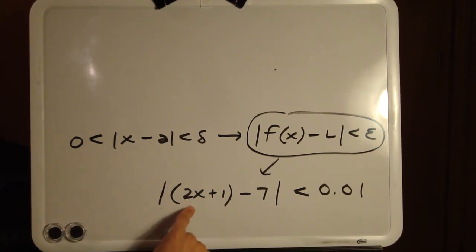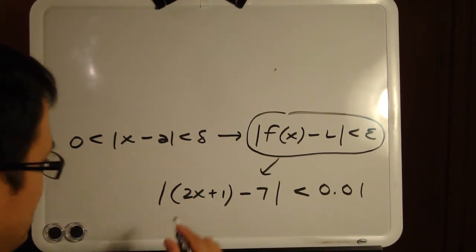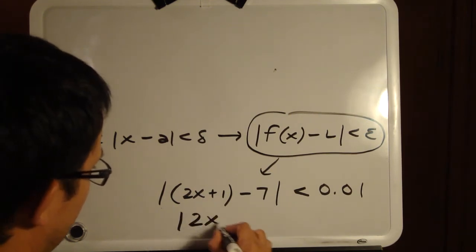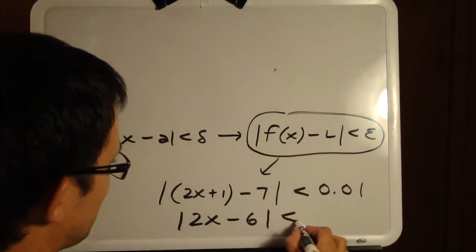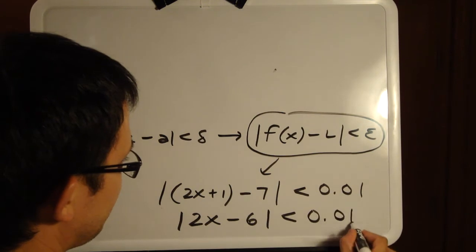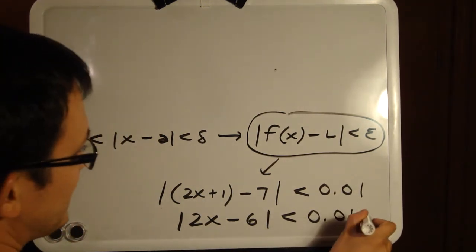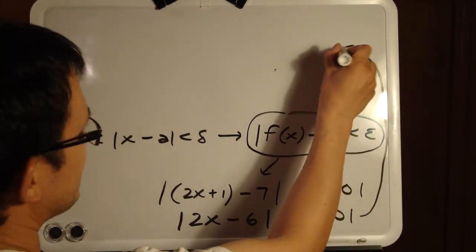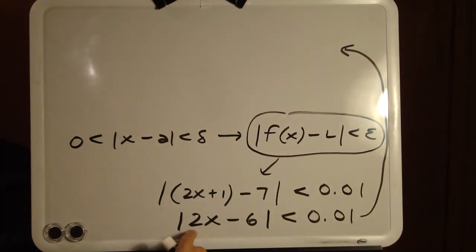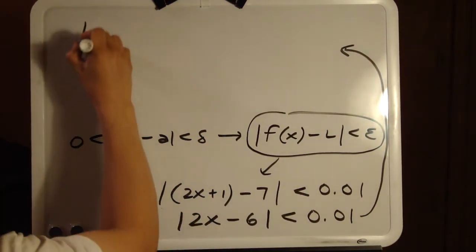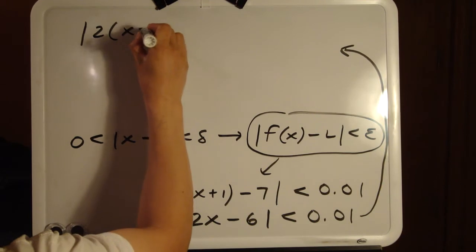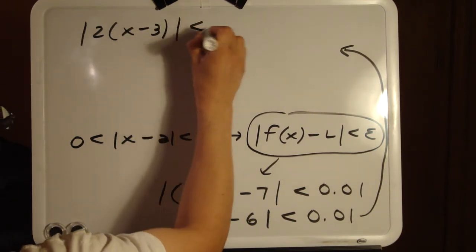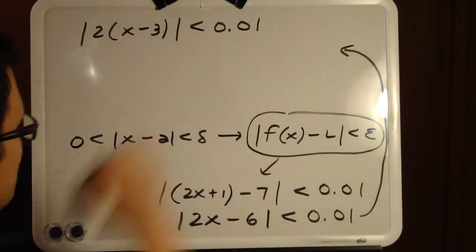You can see this is going to be 2x minus 6, still an absolute value less than 0.01. And so I'll continue this up here to see what we can do. Okay, you can factor out the 2. So it has this form.